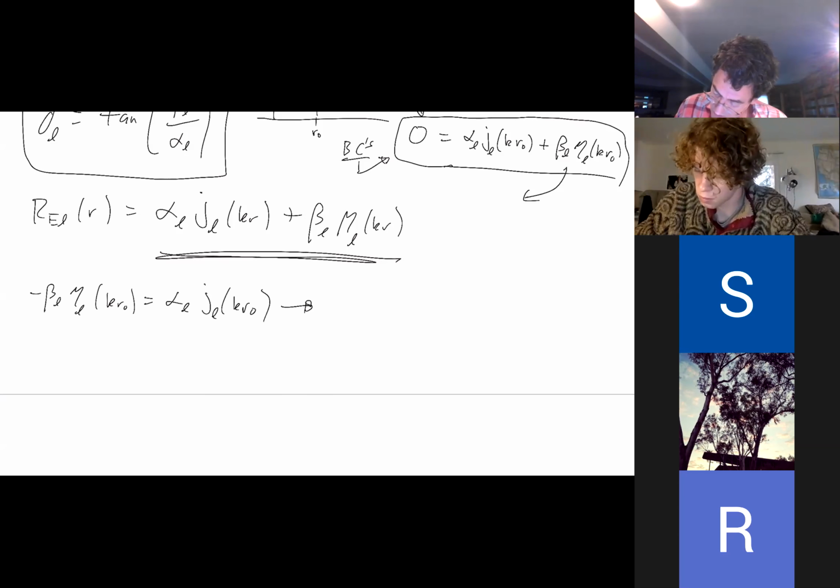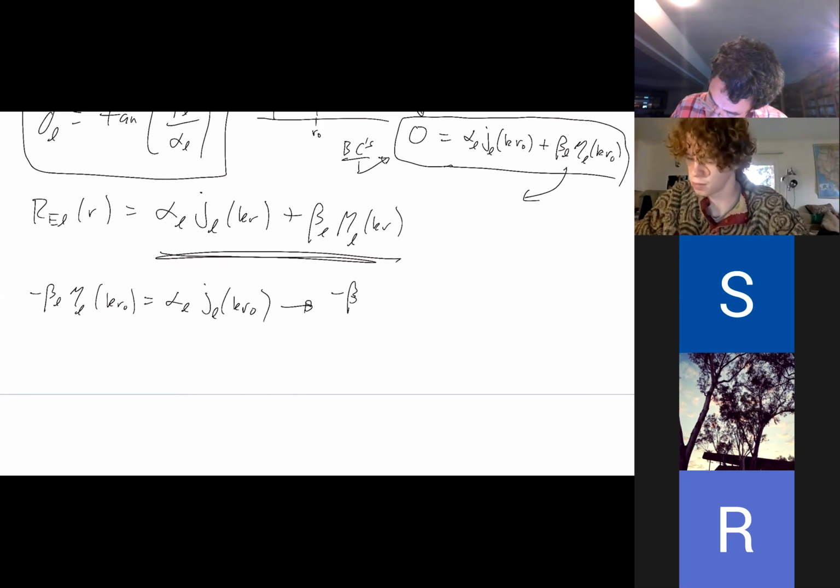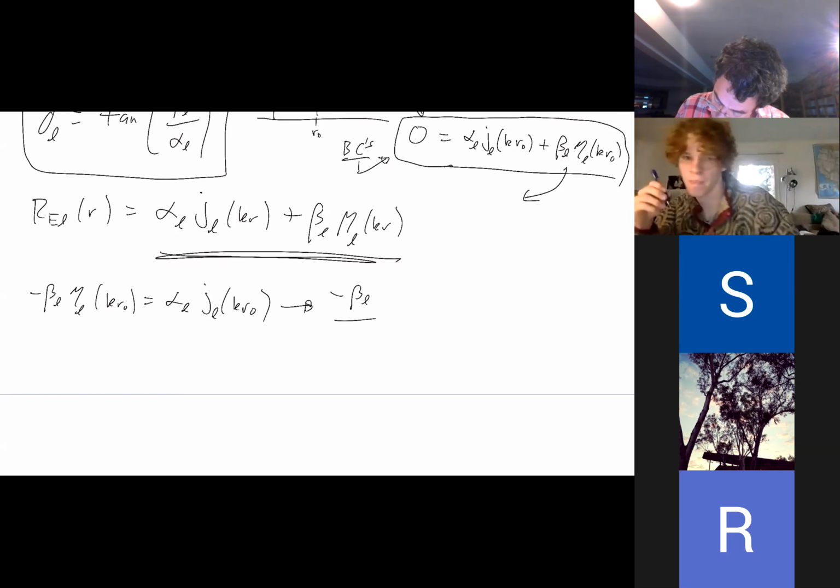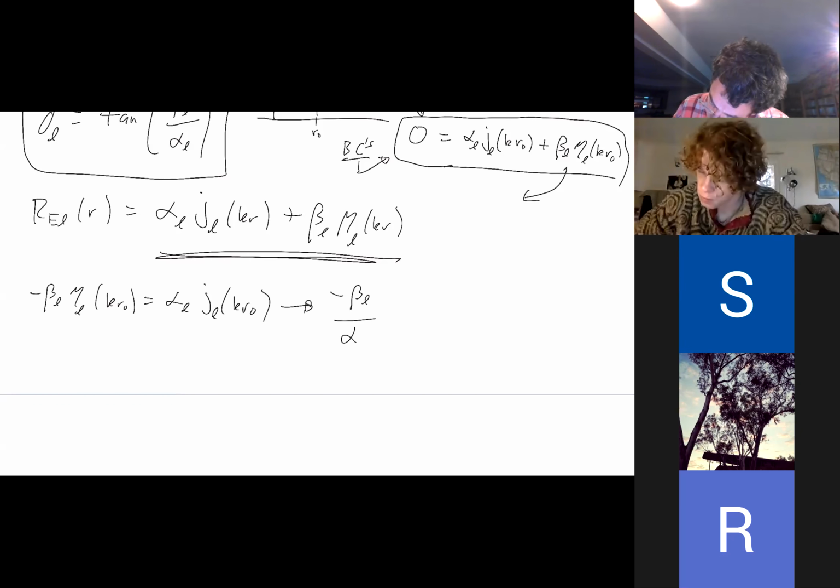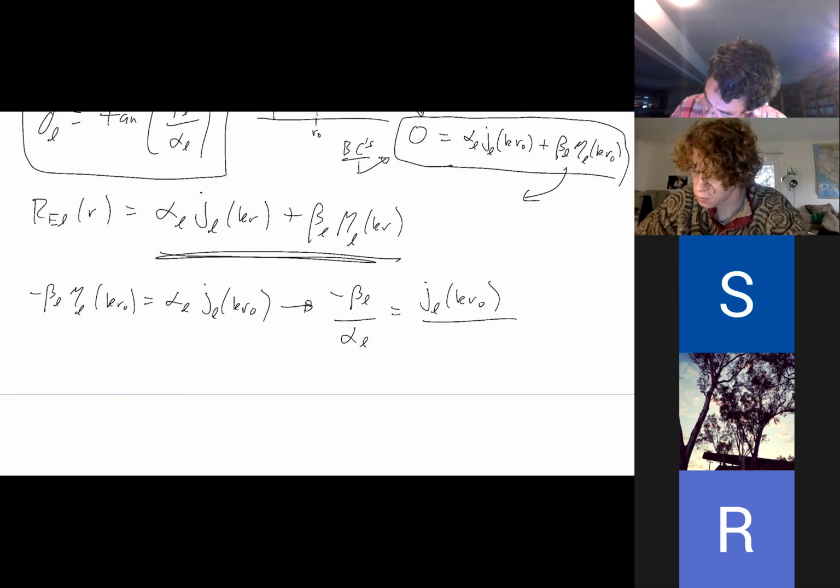And then I can put one over the other, and I say I get negative beta sub L over alpha sub L is equal to J sub L of K R naught over eta sub L of K R naught.